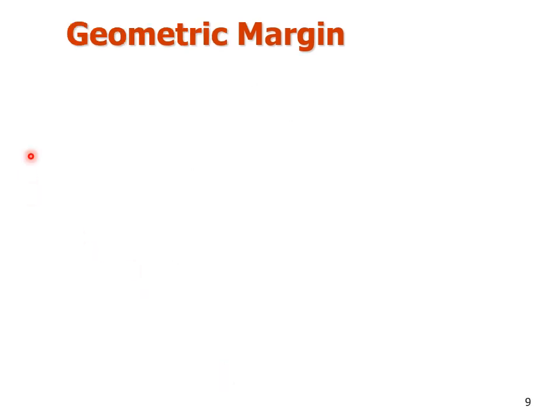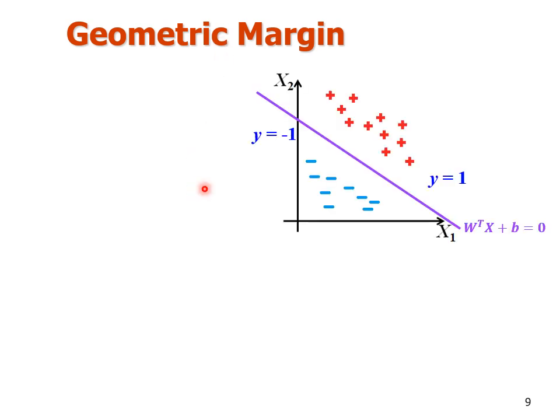Now let us see the concept of geometric margin. So here is our two-dimensional space with positive and negative samples and a decision boundary denoted as W transpose X plus B equal to 0.